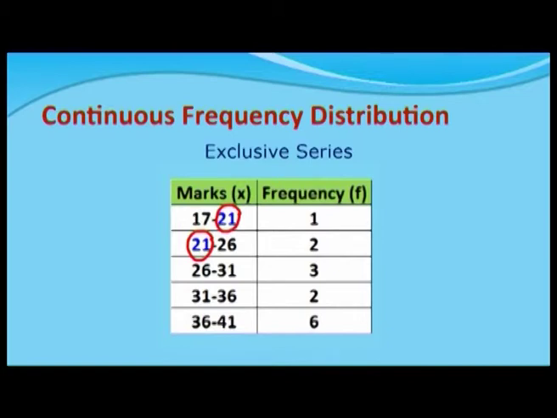Any value below 21 gets counted in the first group, and any value greater than or equal to 21 gets counted in the second group. You can notice that the frequency distribution pattern changes depending on whether we choose the inclusive or the exclusive series method.